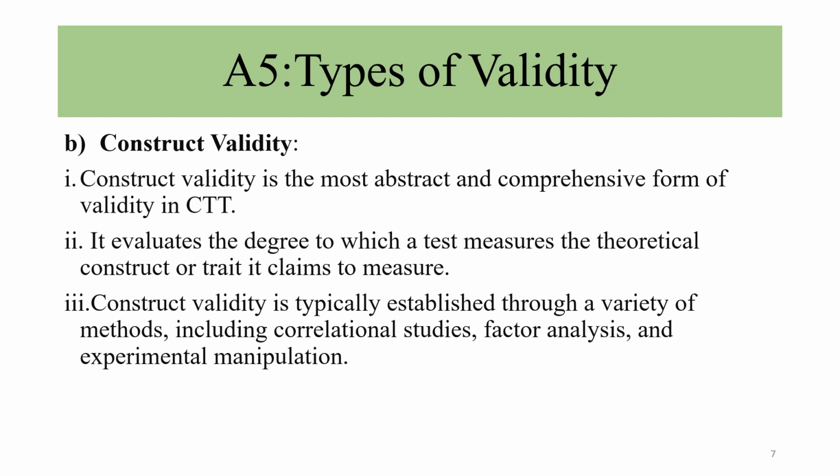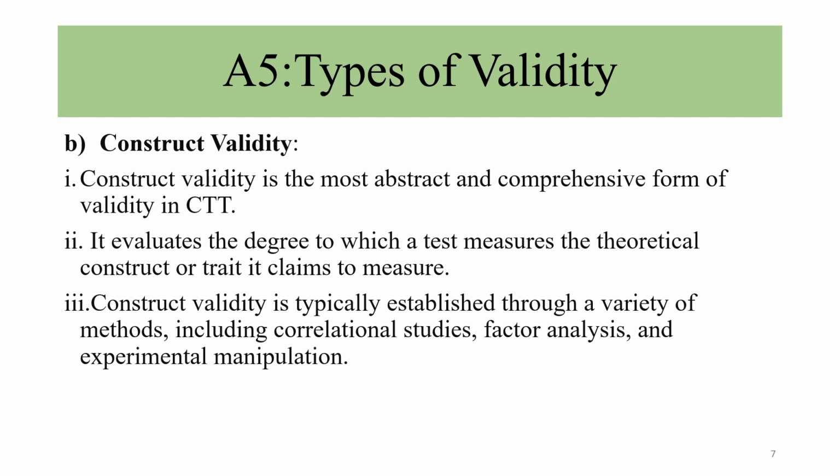Point 2 is it evaluates the degree to which a test measures the theoretical construct or trait it claims to measure. The same thing happens, that it is the degree, as we describe any type of validity. So it is the degree to which the test measures the theoretical construct which it claims to measure.